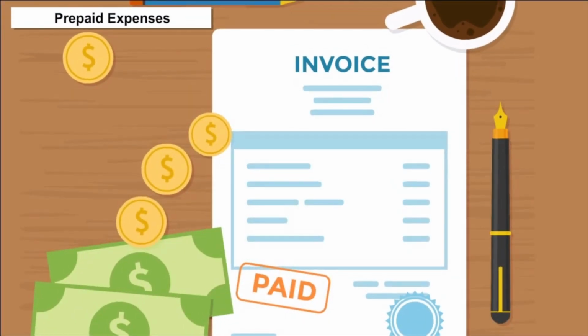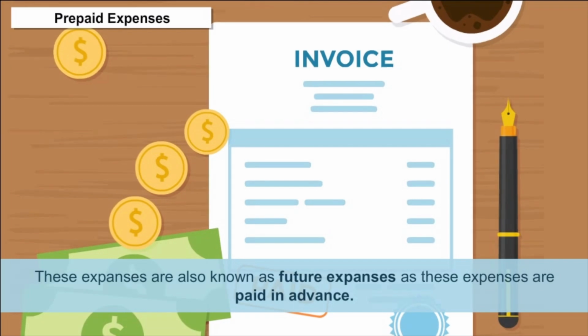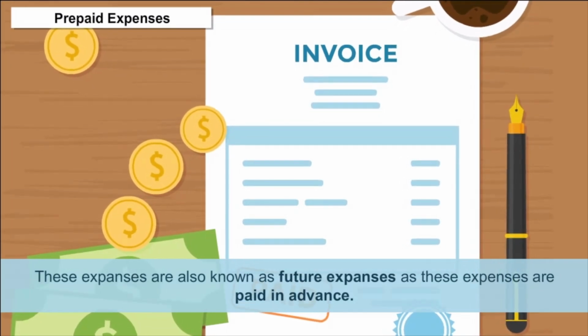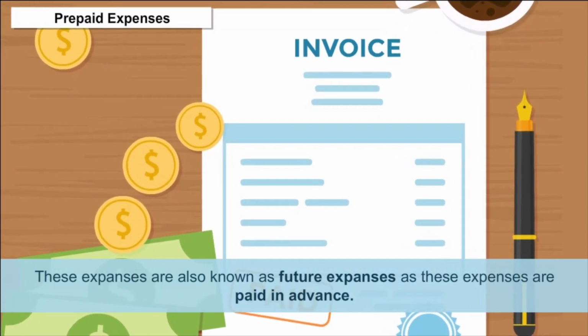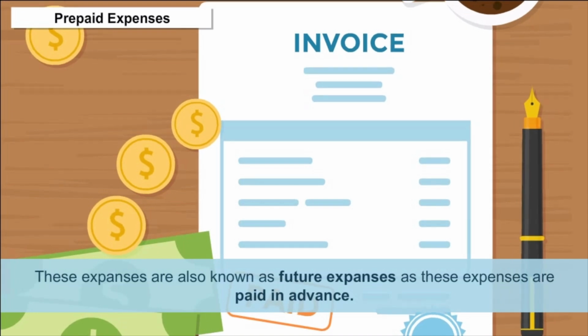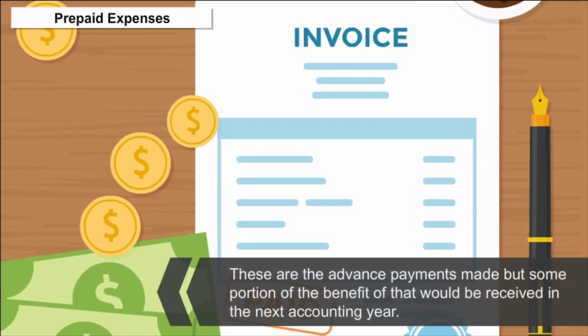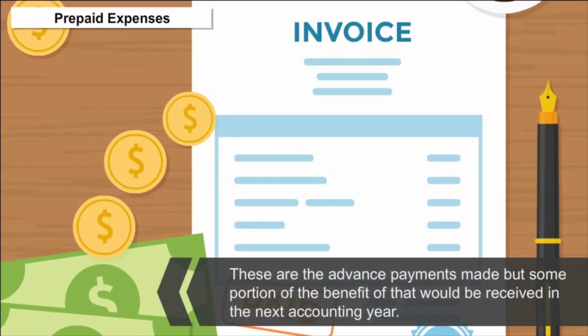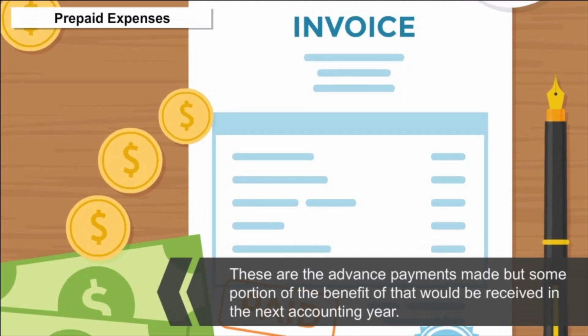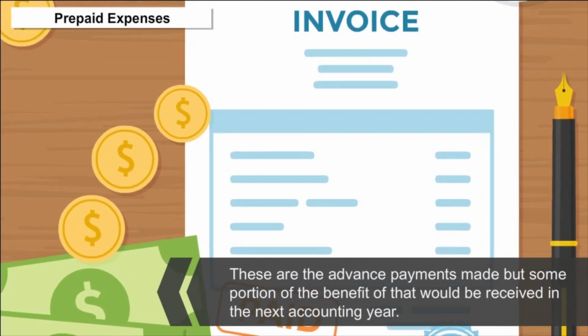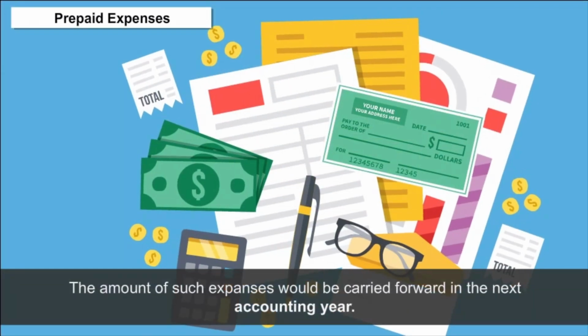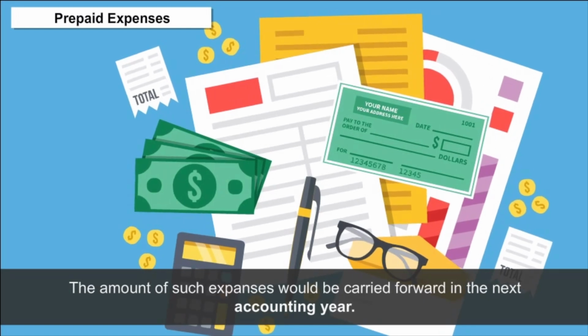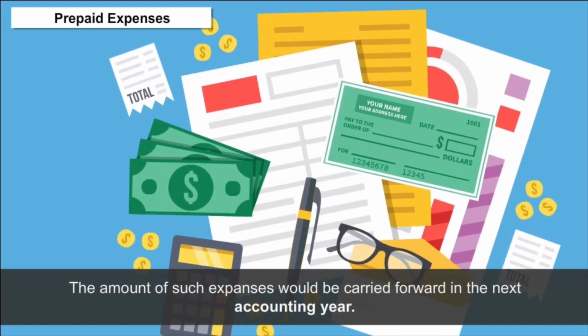Prepaid expenses. These expenses are also known as future expenses as these expenses are paid in advance. These are the advance payments made but some portion of the benefit of that would be received in the next accounting year. The amount of such expenses would be carried forward in the next accounting year.